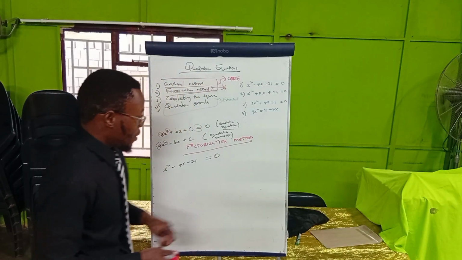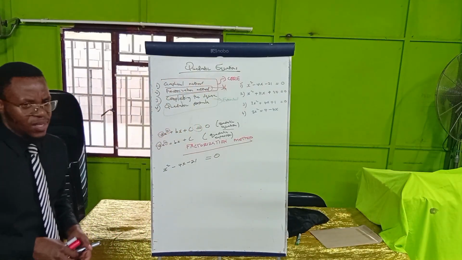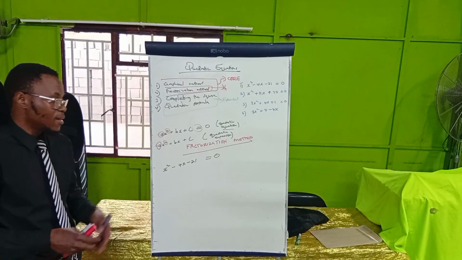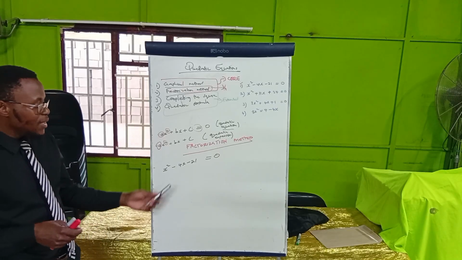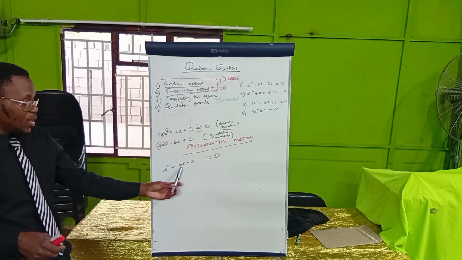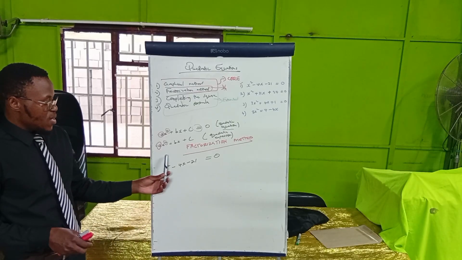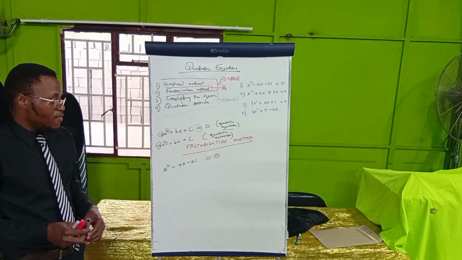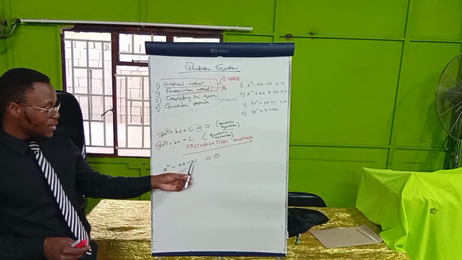Now, maybe to take us back a little bit on how we factorize quadratic equations, or rather quadratic expressions. When you are factorizing, the principle is that since a quadratic expression will have 3 terms, you should find the factors of the constant.